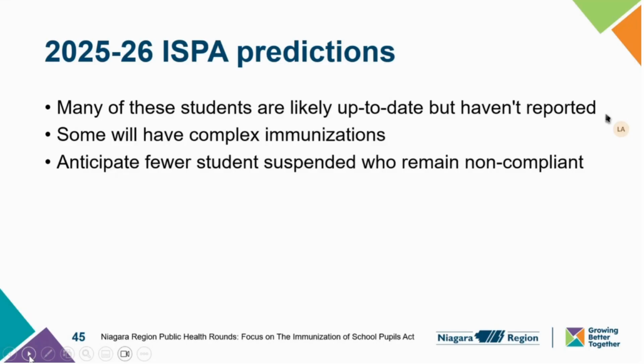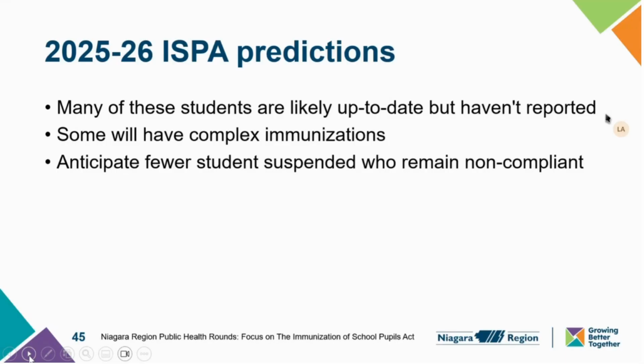But for the 2025-26 immunization record review, we anticipate that fewer students will be suspended from school, as suspension will be enforced for students aged 7 to 17 years of age if the information on file with public health is not up to date by the beginning of the suspension period. This year, and in alignment with pre-COVID practices, students 4 to 6 years of age will not face suspension from school, as these younger cohorts are in a critical stage of social, emotional, and cognitive development where consistent school attendance is essential.